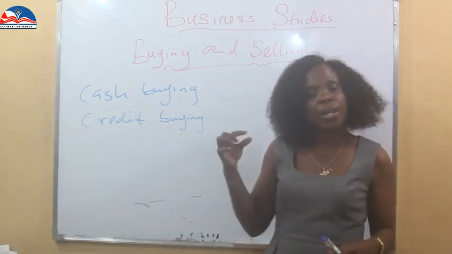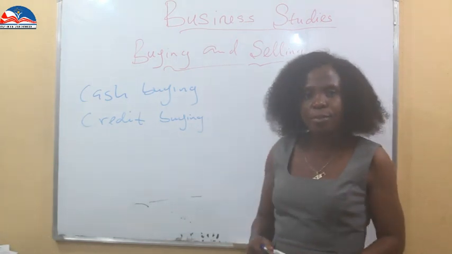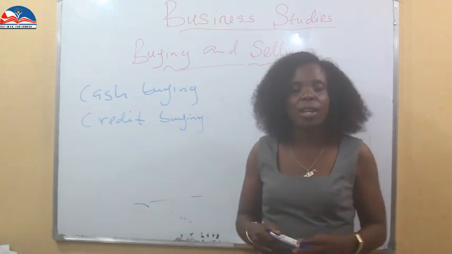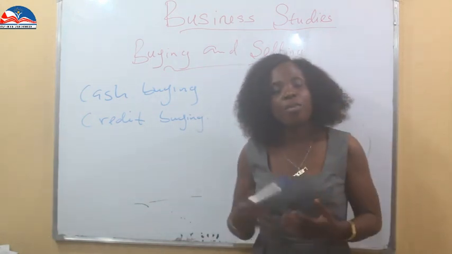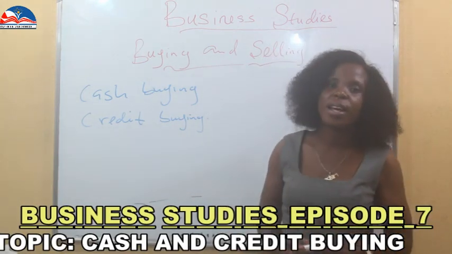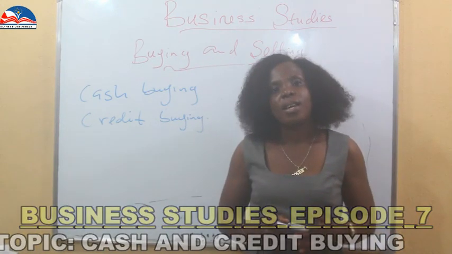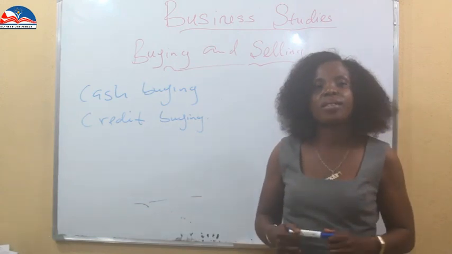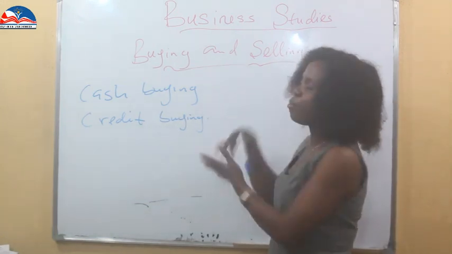That's where we use credit cards to make payments. In this era where a cashless economy is advocated, most times cash does not exchange hands between the buyer and the seller. It moves via the banks, through their debit cards or credit cards. So this is what we understand by cash buying and credit buying.